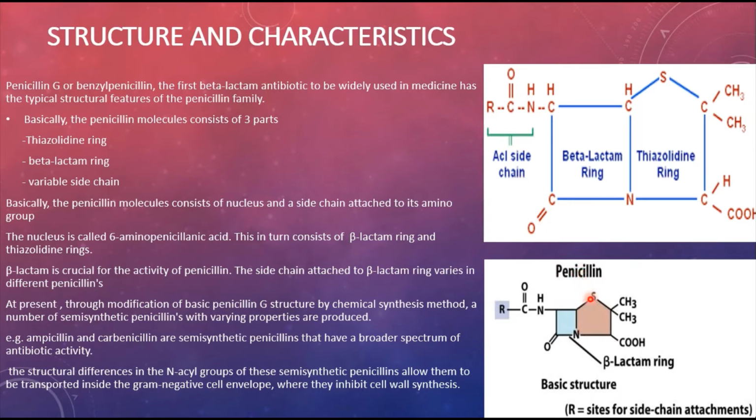We can also say the penicillin structure consists of one major nucleus containing two rings: the beta-lactam ring, the blue one, and the thiazolidine ring. These two together we call the nucleus of the penicillin structure.